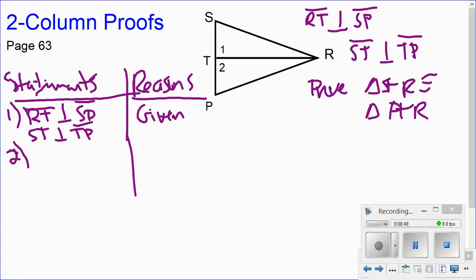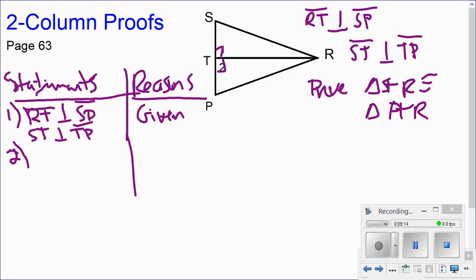Well, if RT is perpendicular to SP, that means that those angles are 90 degrees. Okay, well, let's think about how we know that. We know that because of the definition of perpendicular.